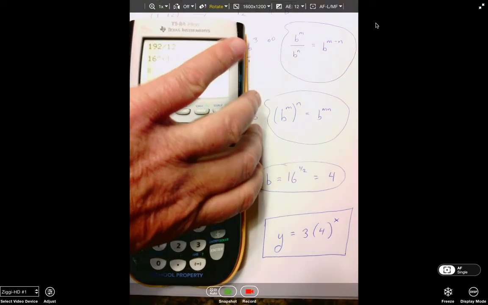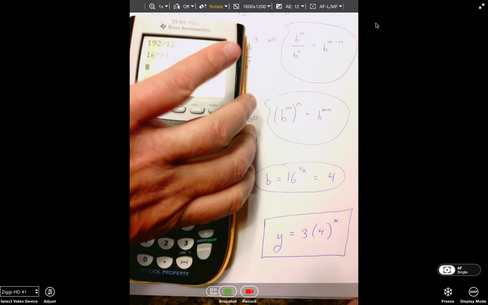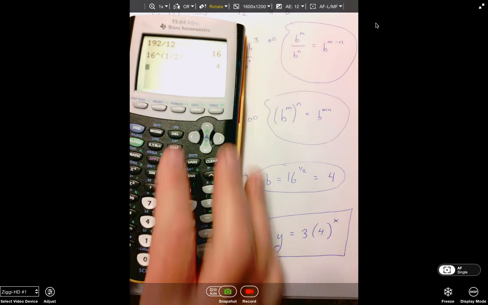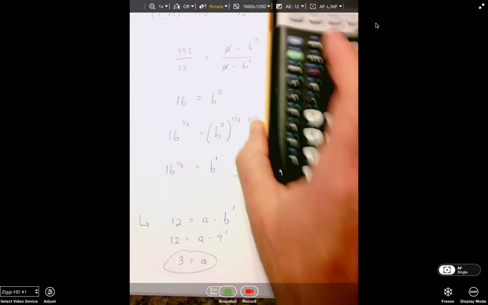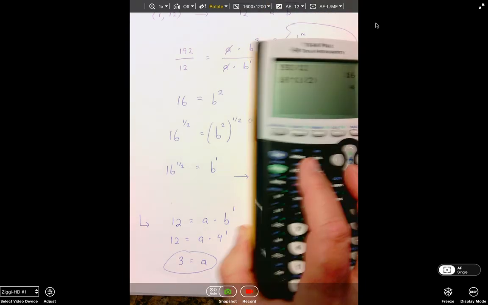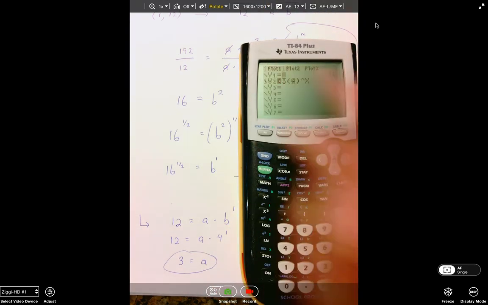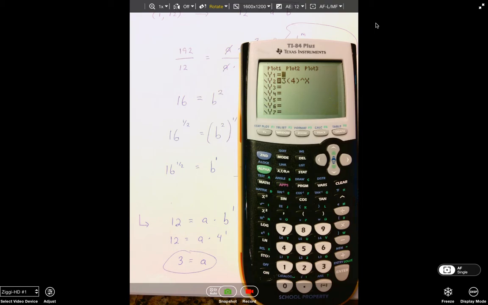Now I always like to come in and check things out and make sure that everything's working as it should. So what I could do here is I can come into y equals, and I can have 3 times 4 raised to the x power.